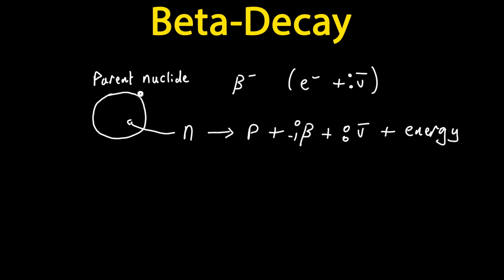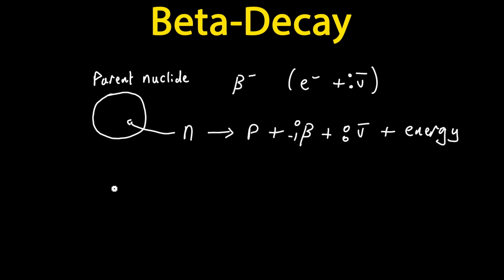The mass number of the parent nucleus doesn't change, so the total number of neutrons plus protons in this nucleus stays the same. The only change that occurs is a neutron gets converted into a proton, and this is beta negative decay.